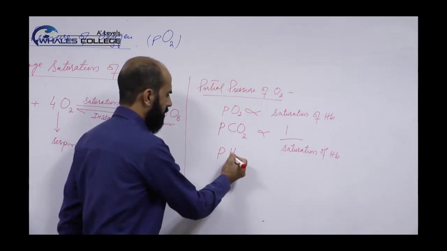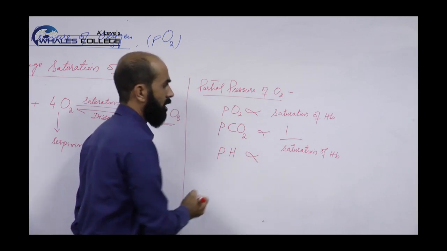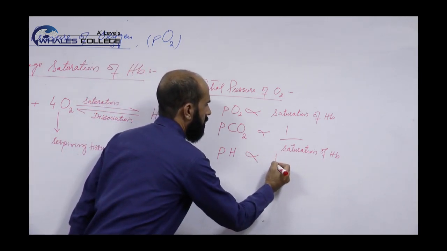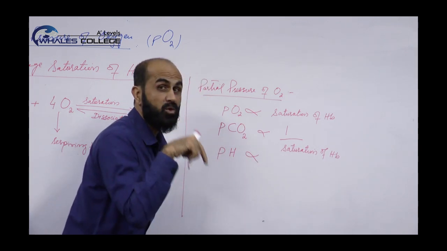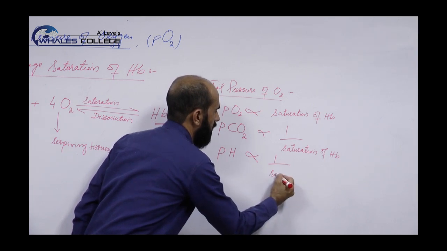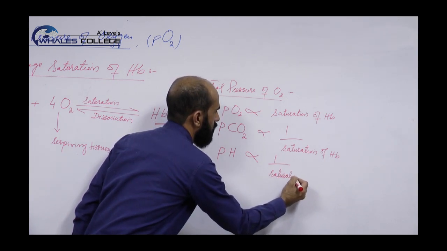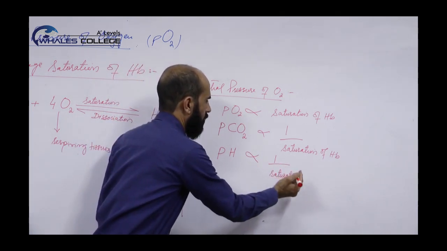The third point is the pH. The lower the pH, the more will be the dissociation and the lesser will be the saturation. So once again, saturation is directly related to the pH. Now, think about that.